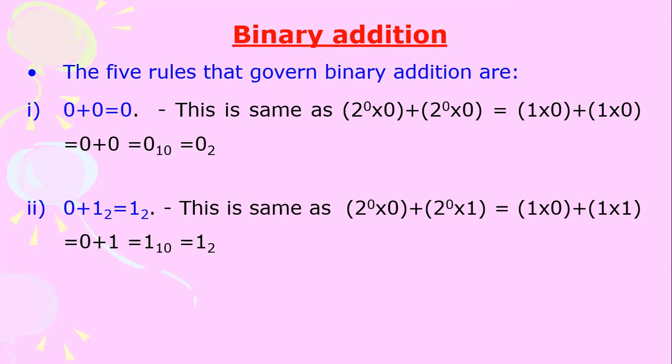So 1 times 0 gives us 0. We add it to 1 times 1, which gives us a 1. And therefore, 0 plus 1, we get 1 in decimal, and it is also equivalent to 1 in binary.